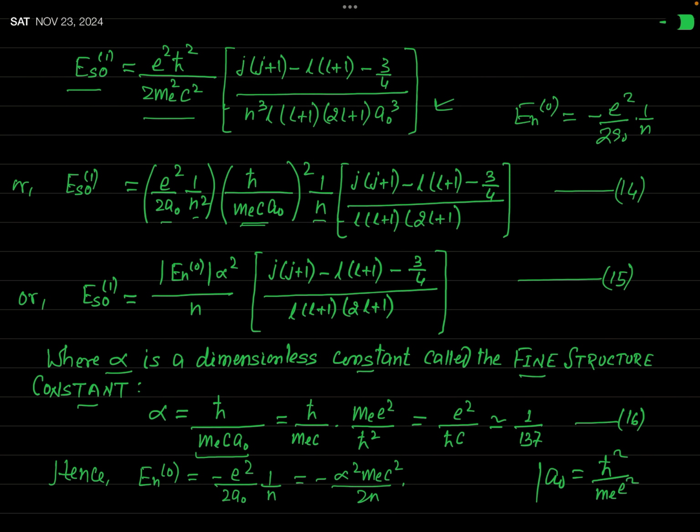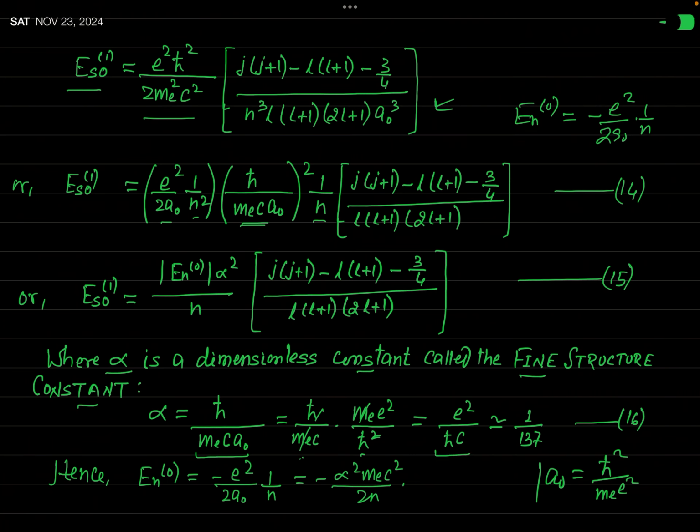So when you put the expression for a₀ here, this will be ħ over m_e c times m_e e² over ħ². Here m_e and m_e will cancel out, and one of the ħ will also cancel out. So the expression for alpha is e² over ħc.